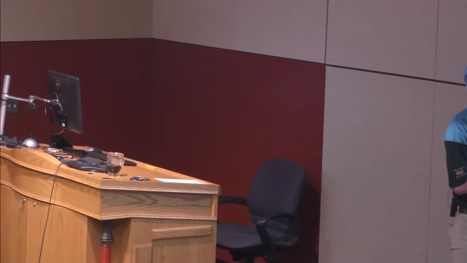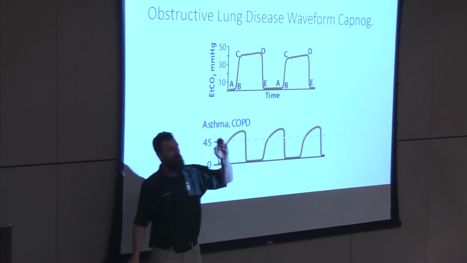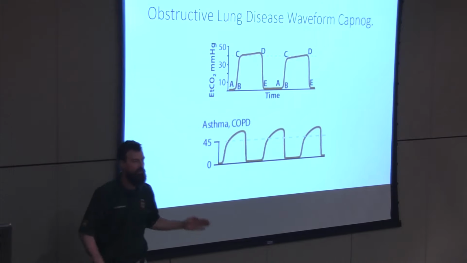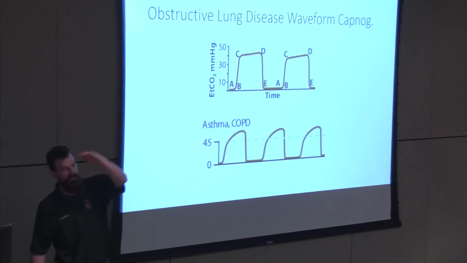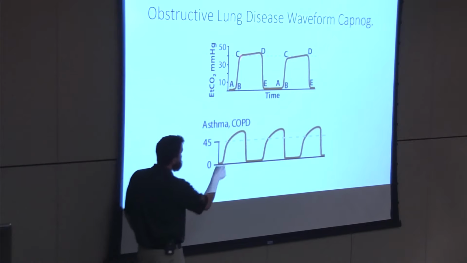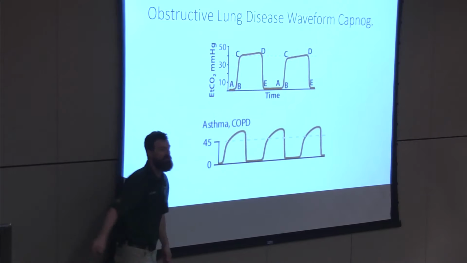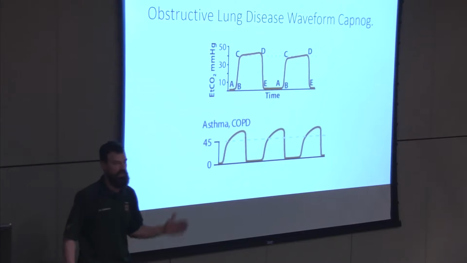And when I blow out my air, instead of getting that nice rapid phase, what I end up with is this shark fin, slow arch expiration where it's hard to get all that stuff out, right? There's not a clear takeoff between physiologic dead space and alveoli. There's just kind of this really slow exchange shark fin appearance, okay?